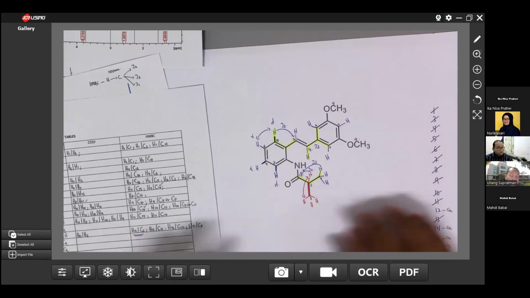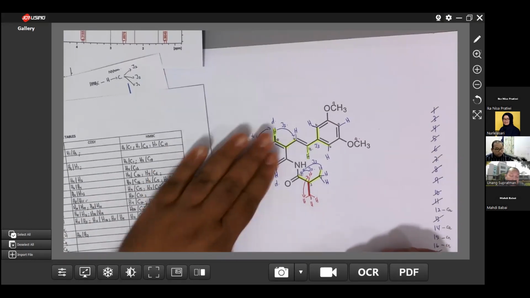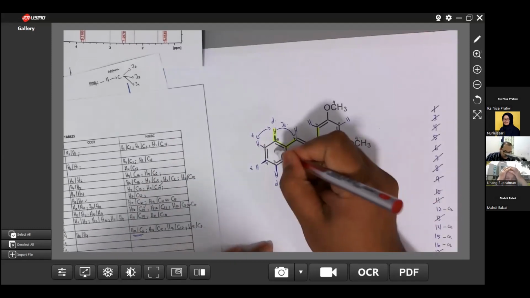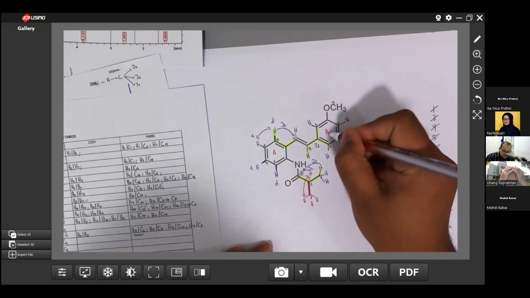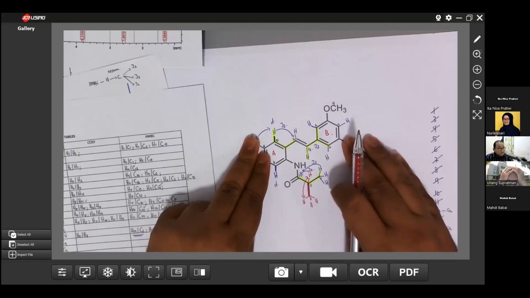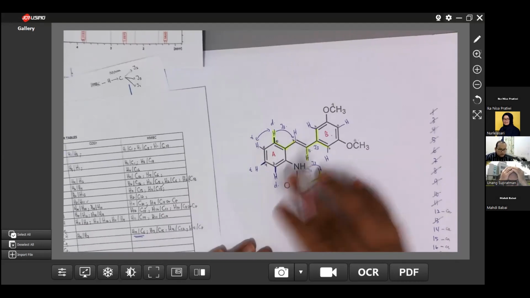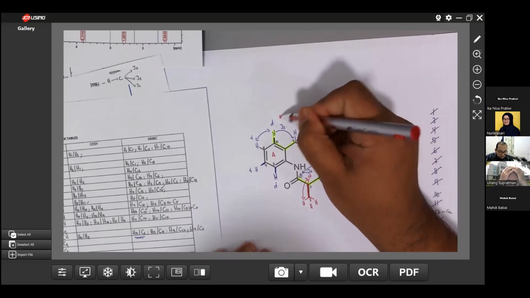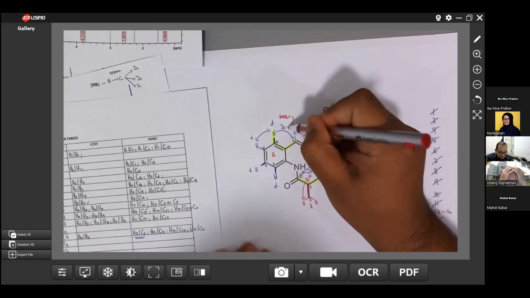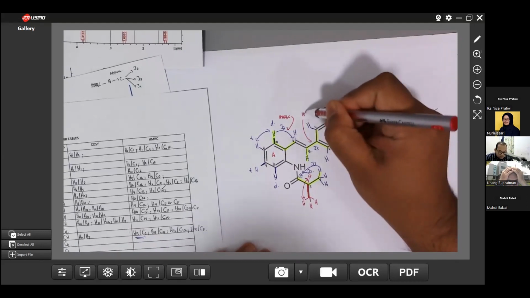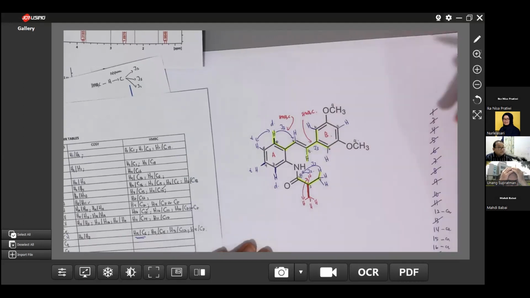Okay, to find, for example, the connectivity between the first, for example, I'm naming this one A, and this one B. A and B are connected by an alkene bridge here, so you have to use HMBC. And you use this also as HMBC.